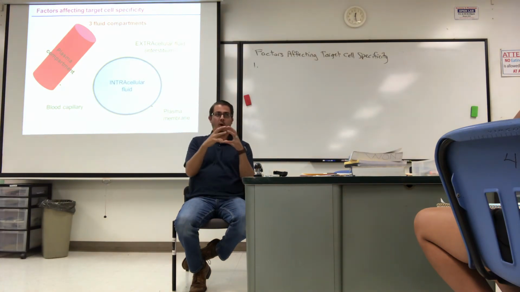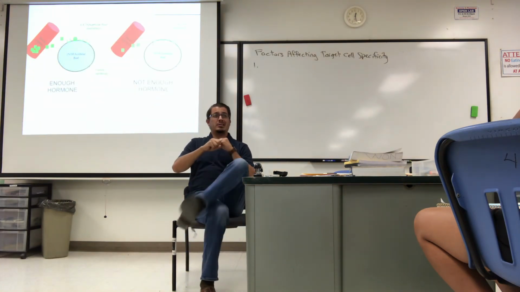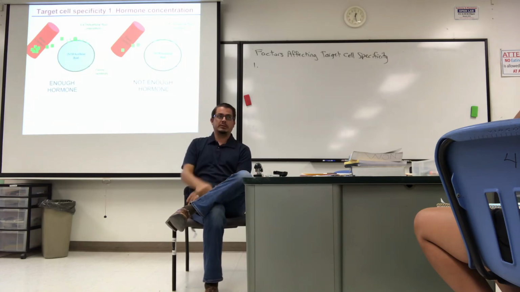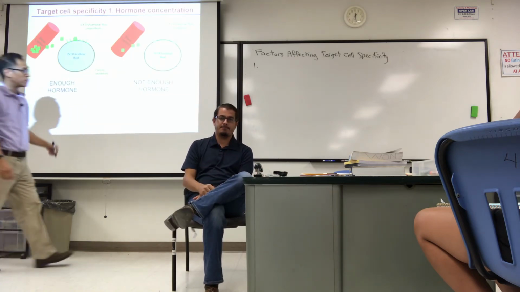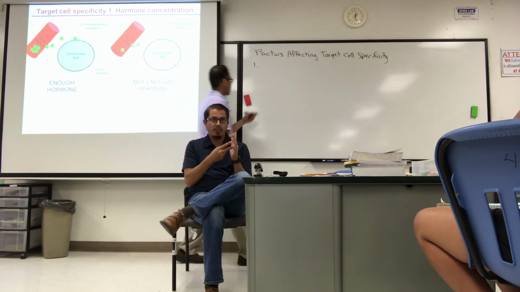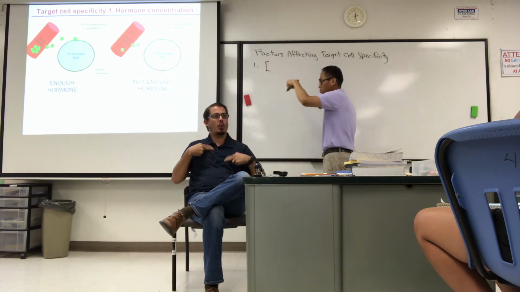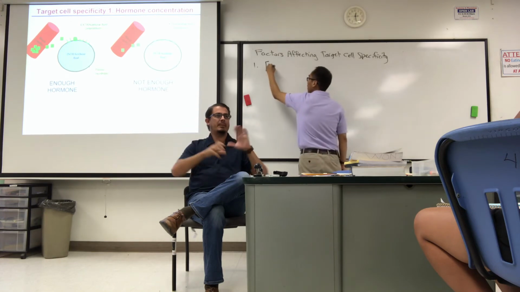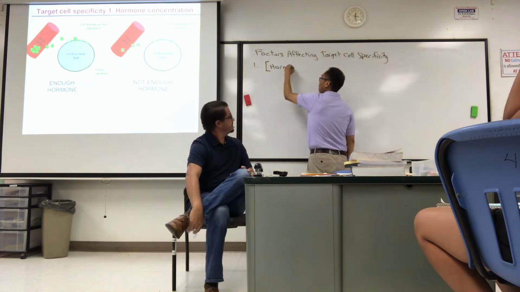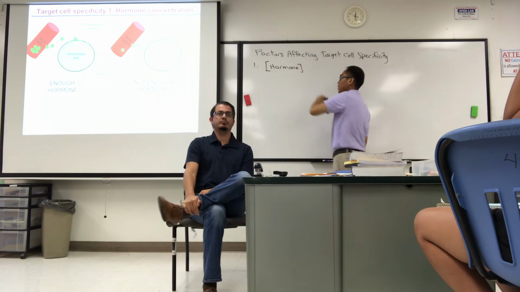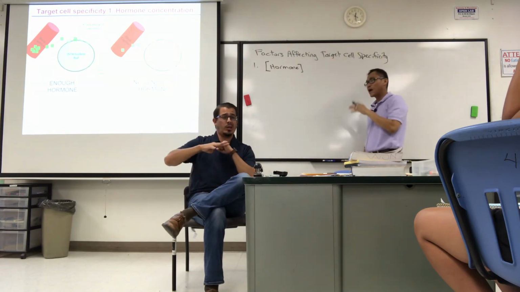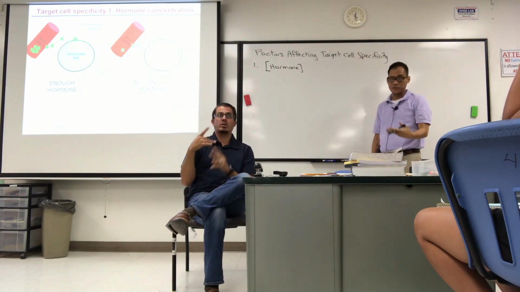So one factor is you have to secrete enough hormone versus not enough. So what's enough? Let's call it hormone concentration. Here's my chemistry brackets, my concentration brackets from chemistry. They're very sensitive, so you don't have to secrete too much.